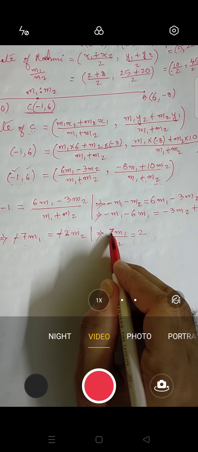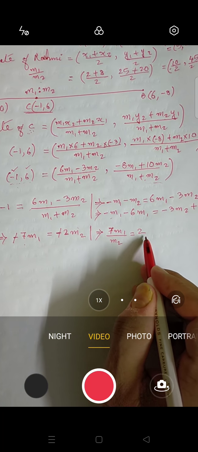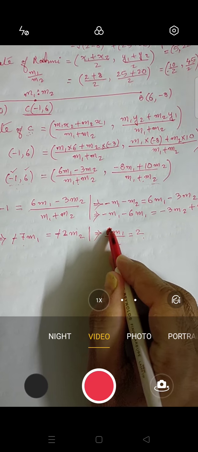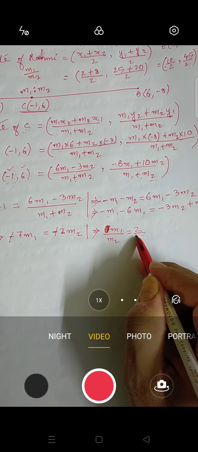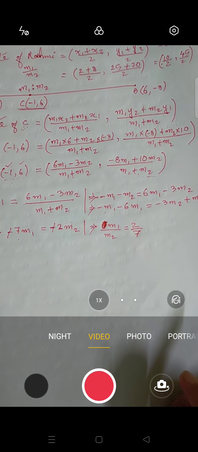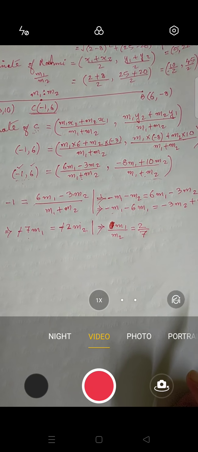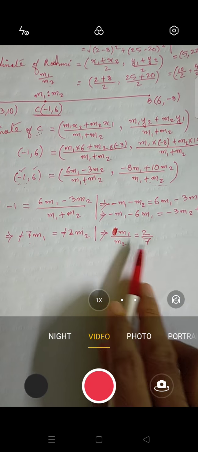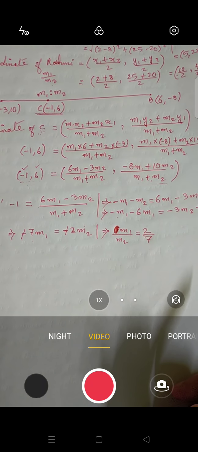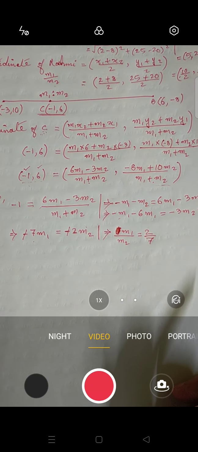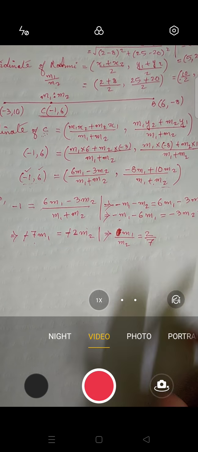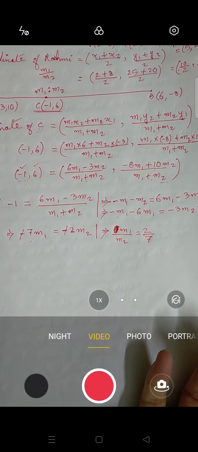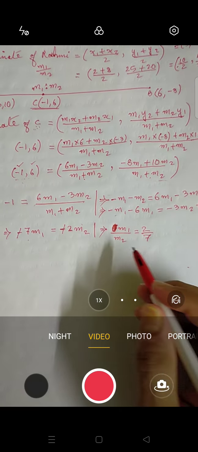So this 7 is in the numerator, that will go to the denominator. That means directly we can say that m1 by m2 equals to 2 by 7. Any problem? So directly from this step, we can write this way. Confusion? This number will come here and this number will go down. Simple. Okay? Now we got this one.